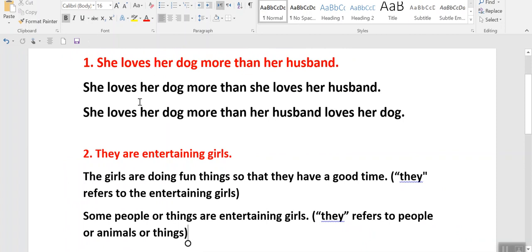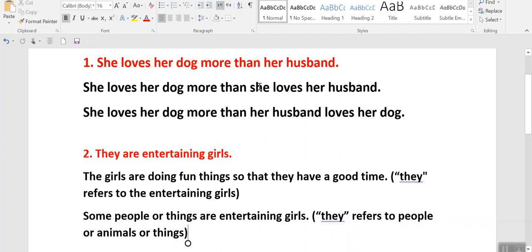When you say she loves her dog more than her husband, it has two meanings here. This surface structure has two underlying deep interpretations. First, she loves her dog more than she loves her husband.